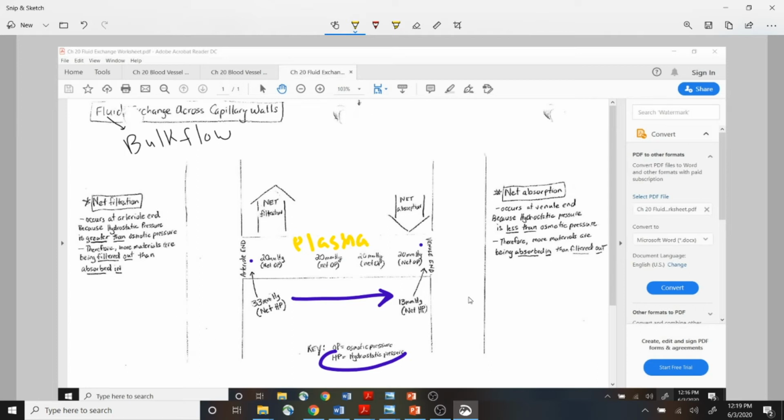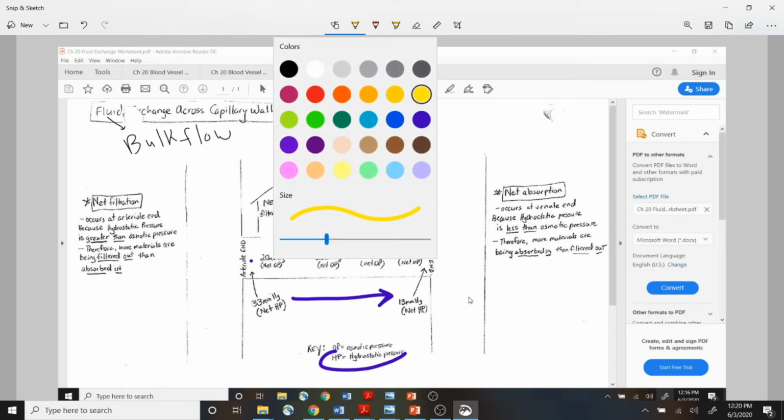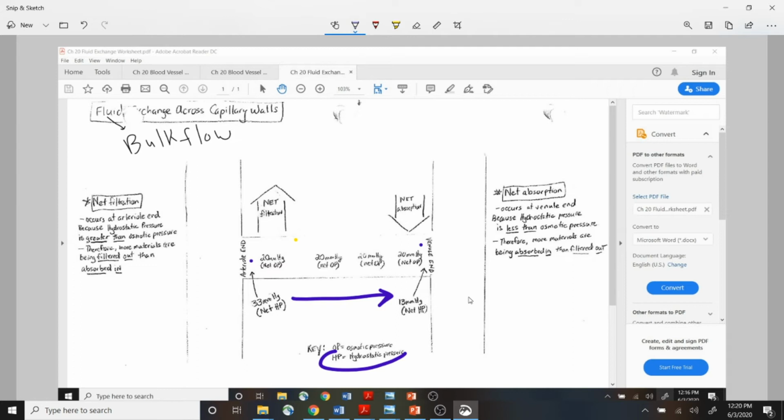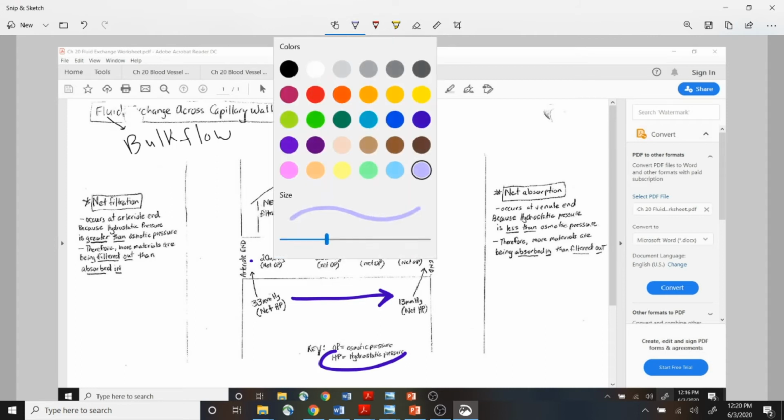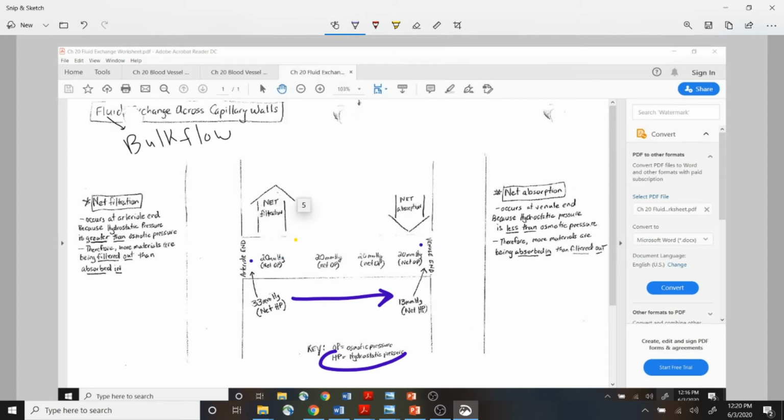Actually, let me do this because it's a little too thick there. I'm going to use a light purple. Let's do that. Let's make this a little thinner. Oops. Give me a second here. All right, there you go.